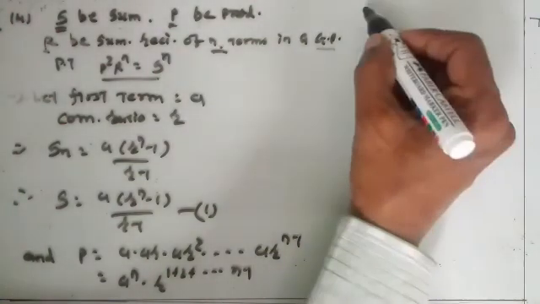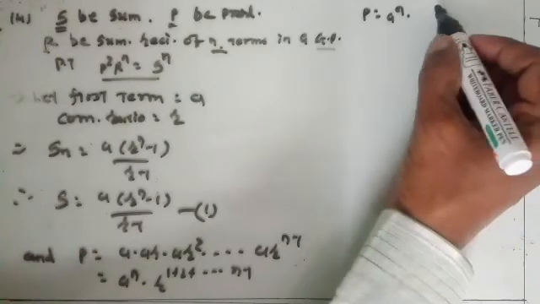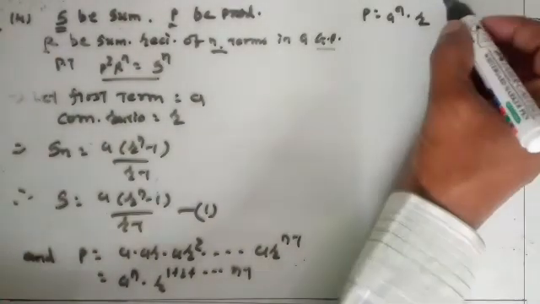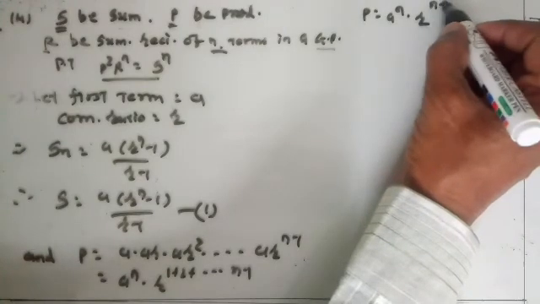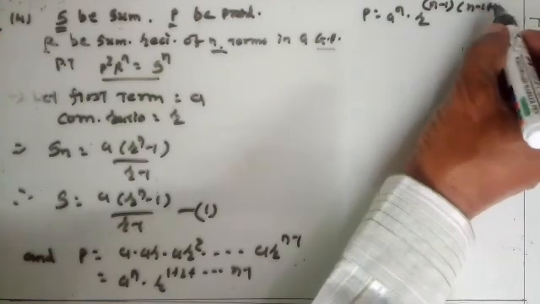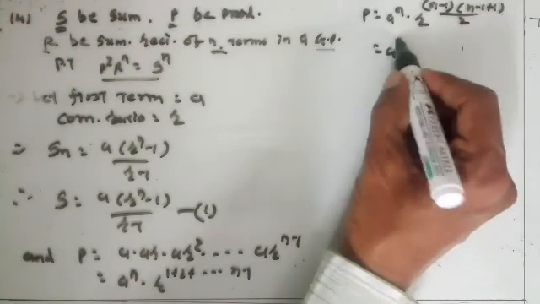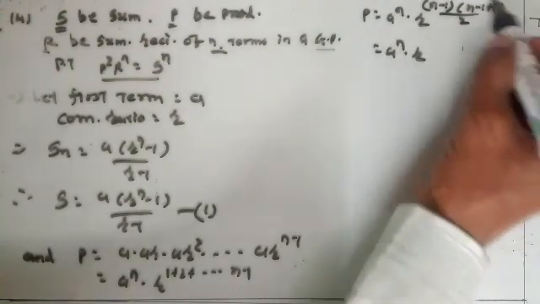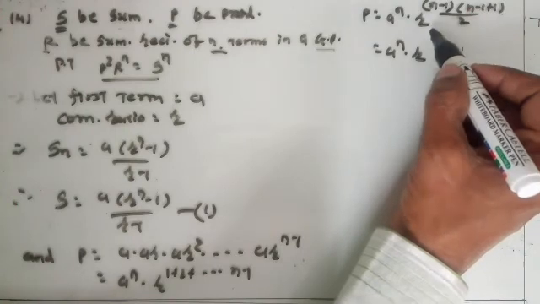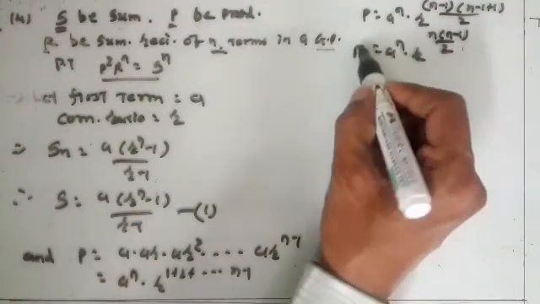Clear? So product P is equal to A raised to n into r raised to 1 plus 2 plus up to n minus 1, which is the sum of n minus 1 terms, n minus 1 into n minus 1 plus 1 upon 2. Clear? So it is equal to A raised to n into r raised to n minus 1 upon 2, since the minus 1 and plus 1 cancel. Clear? This is P.